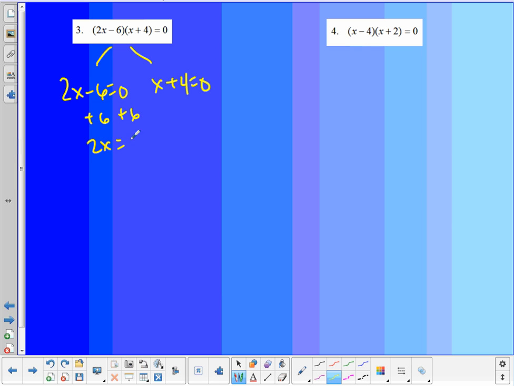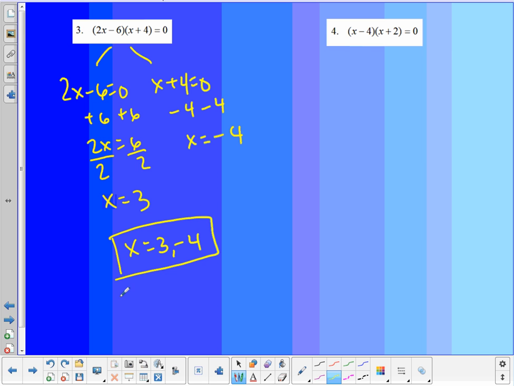The zero product property tells me that when I have a product set equal to 0, then each part of the product can also be set equal to 0. So I'm solving both of those here. 0 minus 4 gives me negative 4. Over on the left, I got a positive 3, so x equals 3 and negative 4. Those are our two solutions. It doesn't matter what order you list them in.